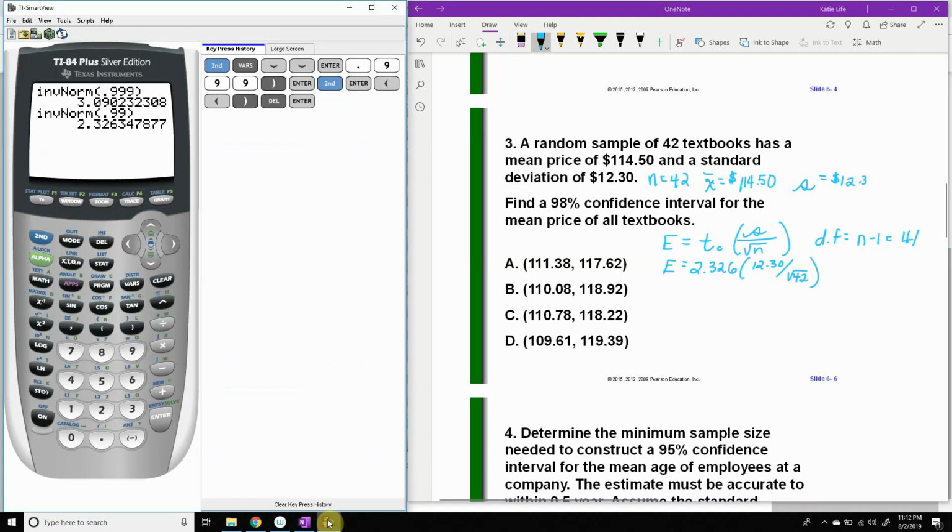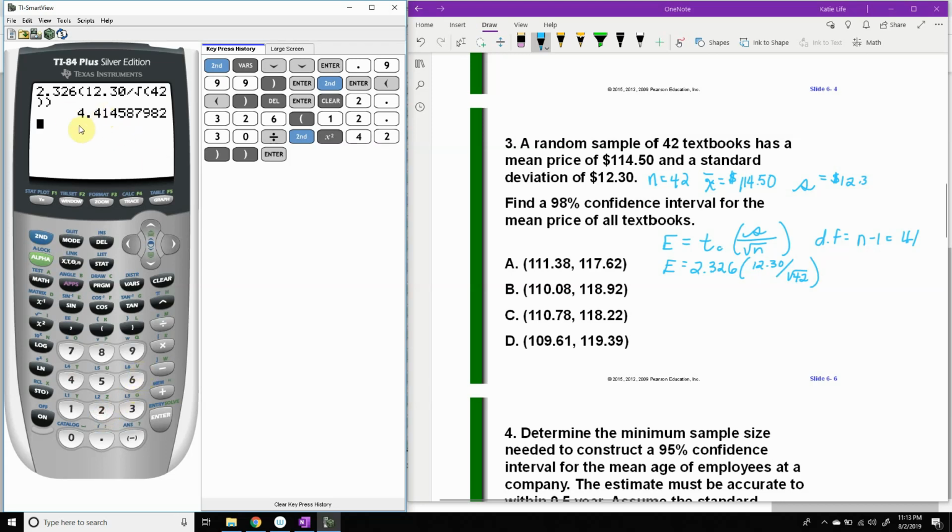So let's go ahead and punch that into our calculator and save that value. I'm going to show you how to store a value on the calculator so you're not constantly punching in a bunch of digits. 2.326 multiplied by 12.30 divided by the square root of 42.